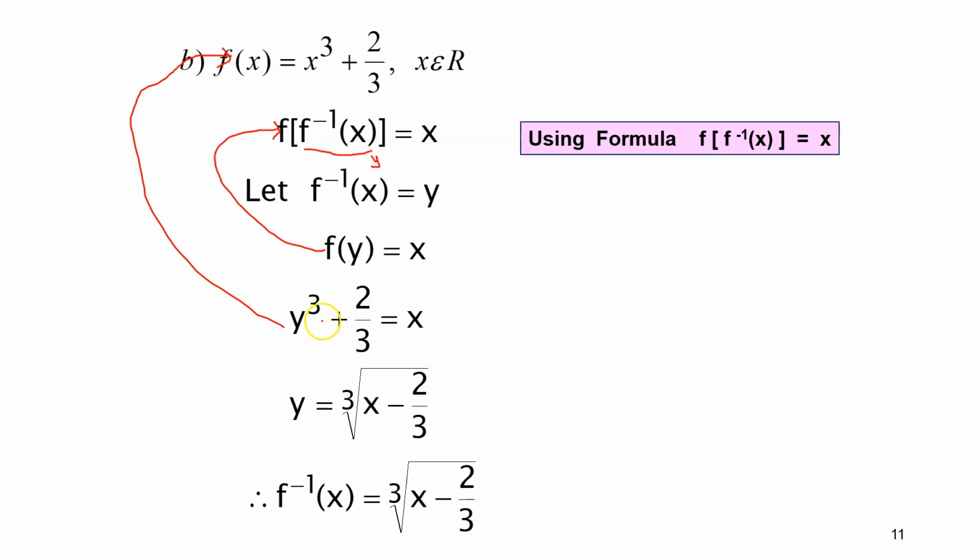Then for the power of 3, you move it to the other side, and it becomes the cube root. Don't forget to change back this y. This y is actually your f inverse, because at first we let it be y. We don't want to write it this way, you'll get confused because it's too long. That's why we substitute it with a simple one, y. So you get this answer.